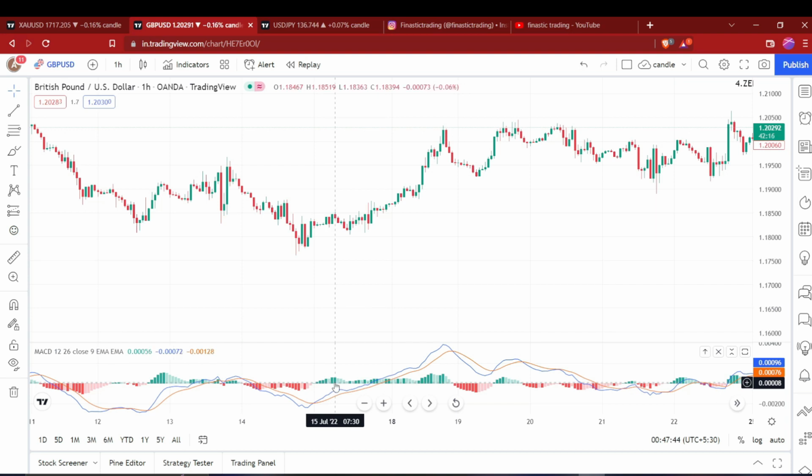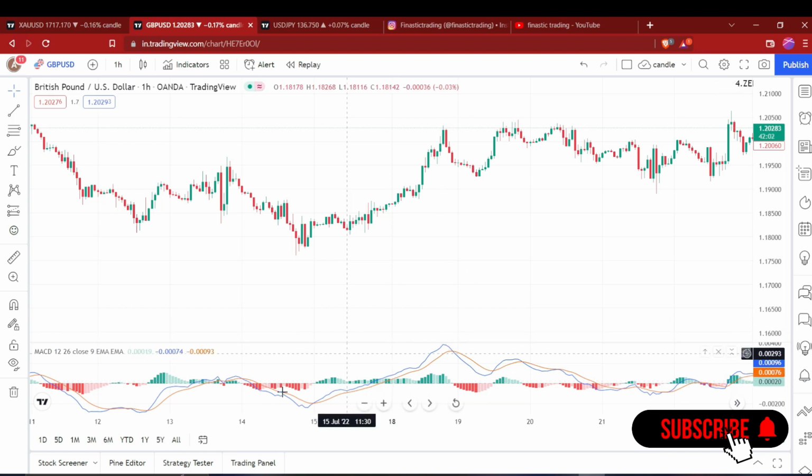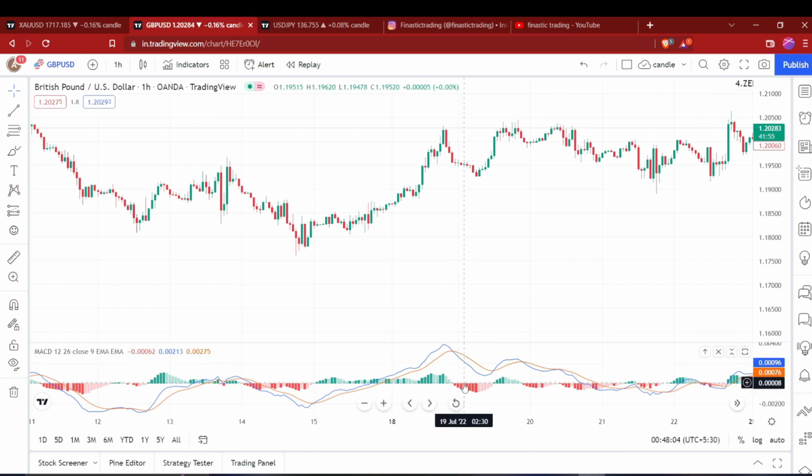It means that the upward momentum, because it is a buy signal, is getting stronger. As soon as the bar size is decreasing, it means the momentum is losing its strength. Similarly, for the sell signal, as the area keeps on increasing, the size of the red bars will increase. It means that the downward momentum is getting stronger because it is a sell signal.